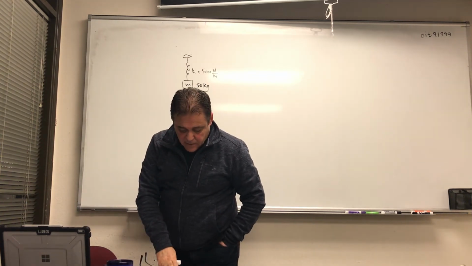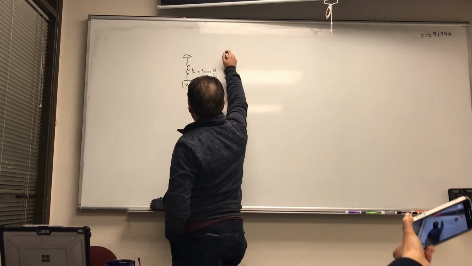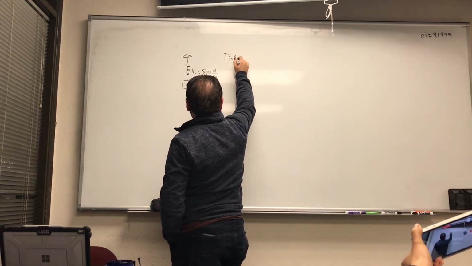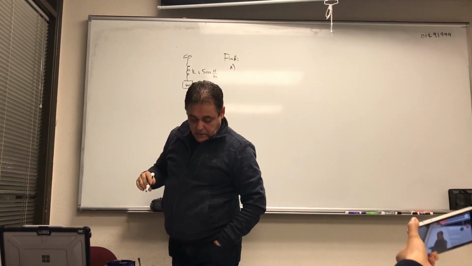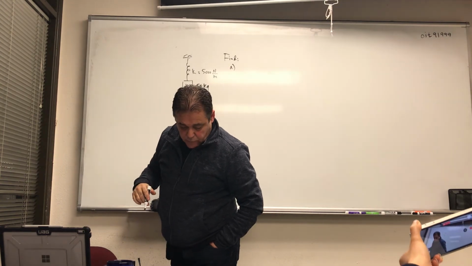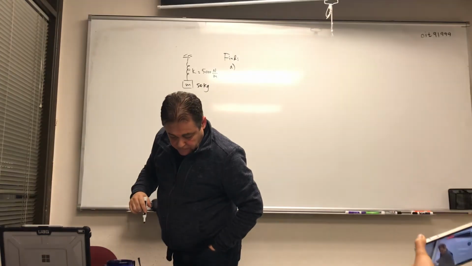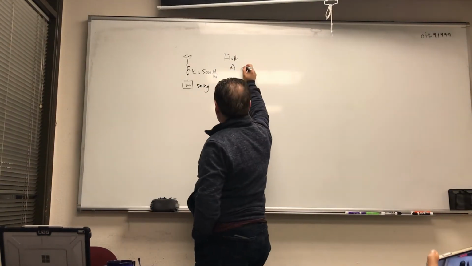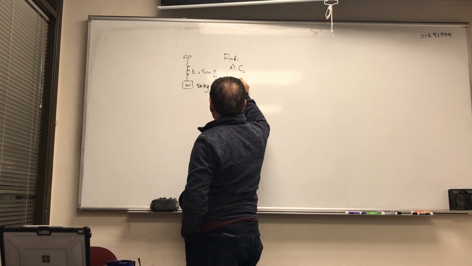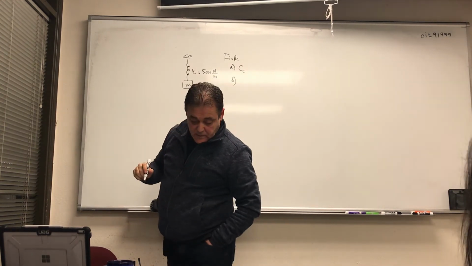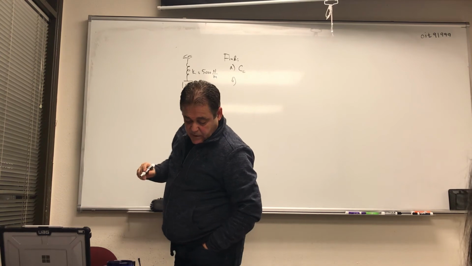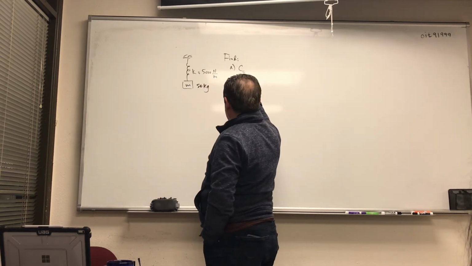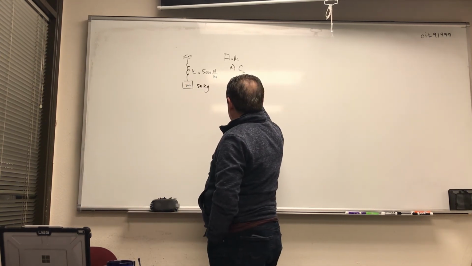It says find the following. Find A, CC, I guess the critical damping. B is the damped natural frequency.